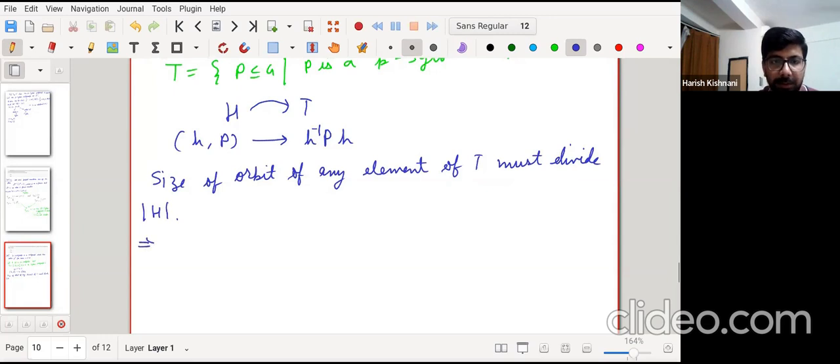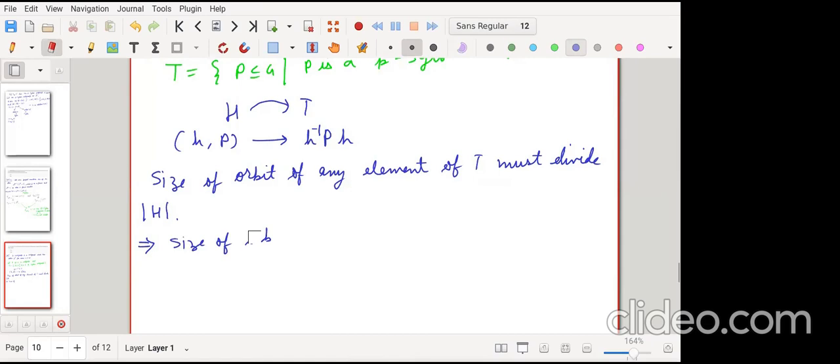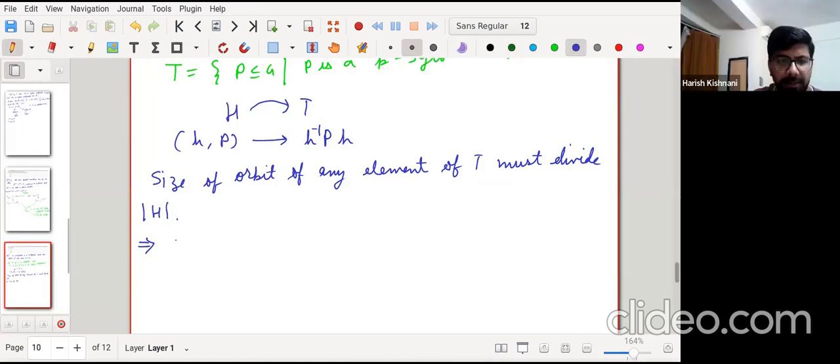So what is the possibility for it? This implies the size of the orbit of, we act like math students, we use symbols, the orbit of small p is some power of P, right?